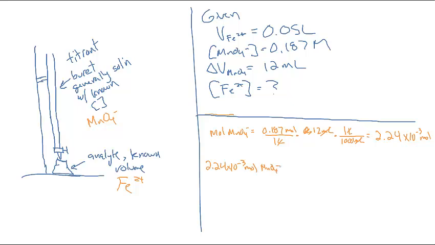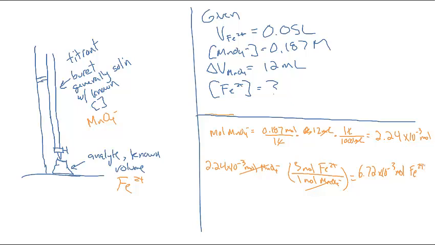Now, I need a mole ratio, and this is where people often get lost. 1 mole of MnO4 minus to 3 moles of Fe2+. So that is 6.72 times 10 to the minus 3 moles Fe2+.